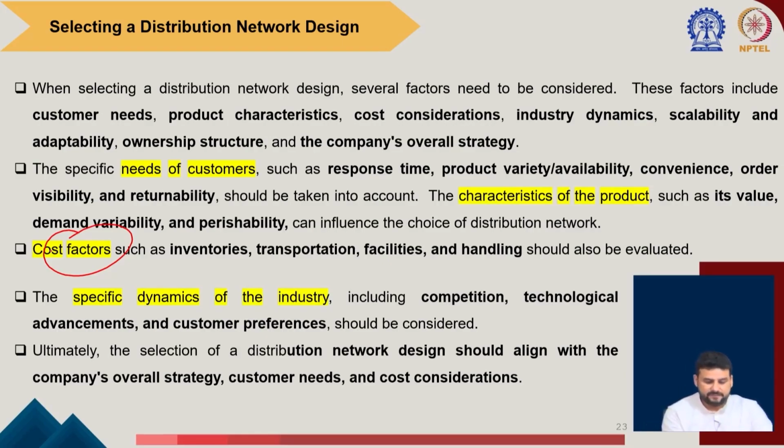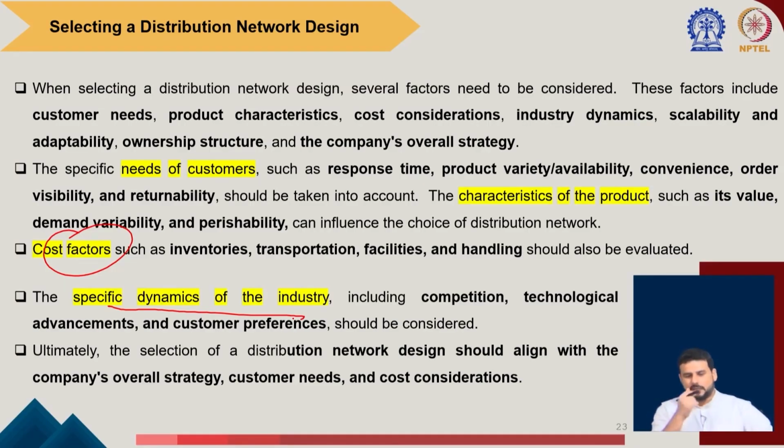And then the specific dynamics of the industry. If you are dealing with perishable items, then forget about the cost; response time should be very low. Whenever a customer places an order, your order fulfillment center should be very near to the customer, so that immediate delivery can be ensured.